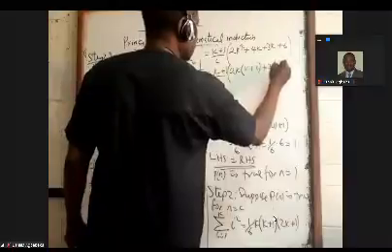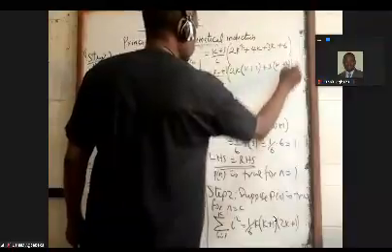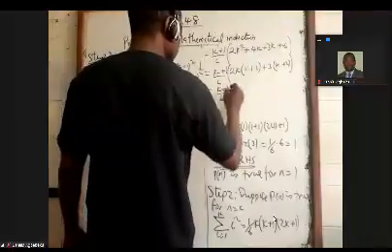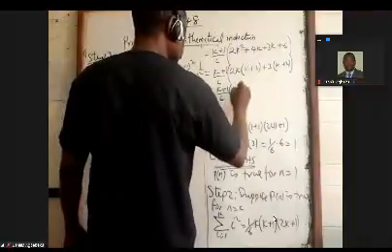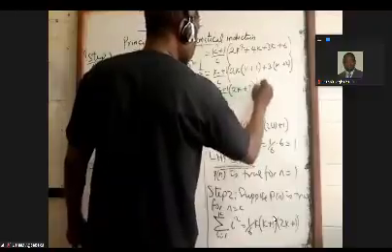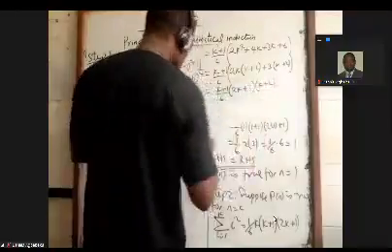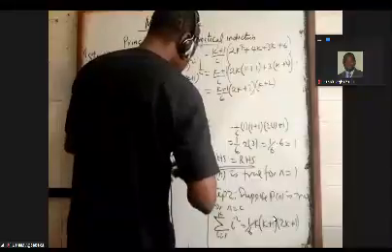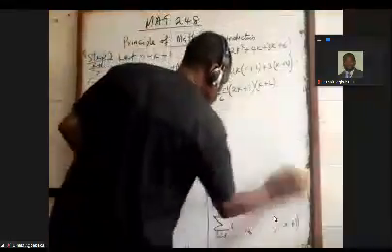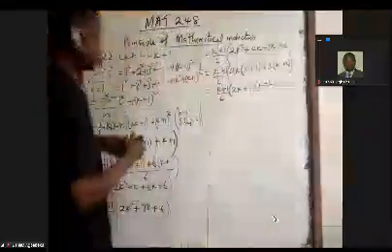If I replace n by k+1, I'm going to get 1 over 6 (k+1)(k+2)(2k+3).